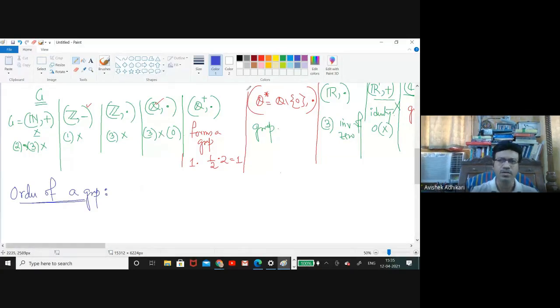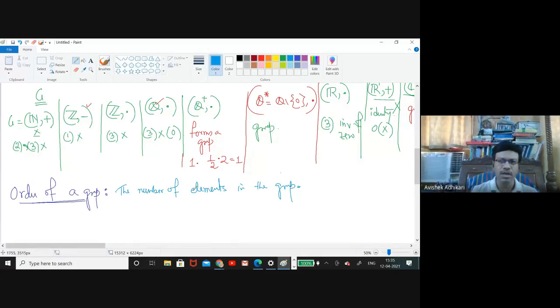Very good. It is nothing but the number of elements in the group. Surprisingly, all the groups that I mentioned here, which actually form groups, are of infinite order.